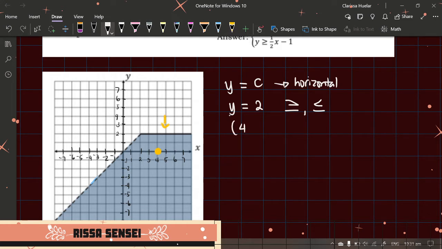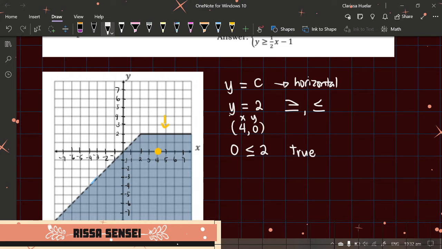Our point is 4, 0. This is x and this is y. So, replace y with 0. Then 2. Ano kaya yung inequality that will satisfy or will make this statement true? Is it greater than or equal to or less than or equal to? We know that 0 is less than 2. Therefore, the inequality that we will use is less than or equal to 2.